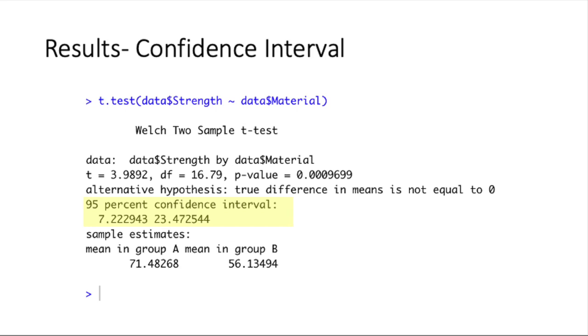Had 0 been in that confidence interval, let's say the confidence interval was -1 to 10, 0 is in that range, in that case, our p-value would be greater, and we would not be able to reject our null hypothesis with our p-value limit set at 0.05.